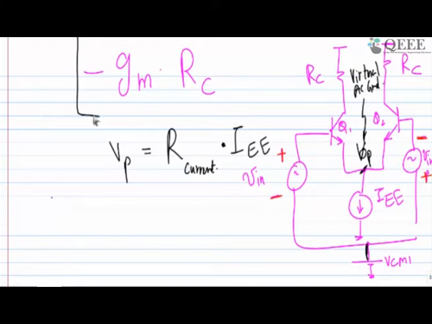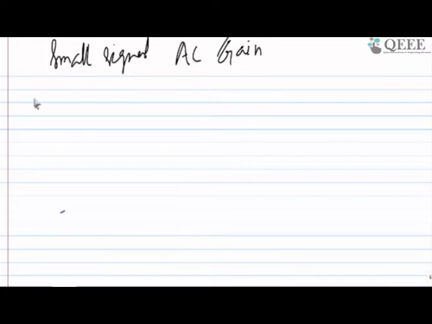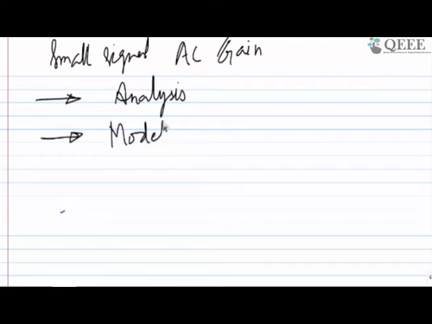And we found out the small signal AC gain from the analysis. First of all, we have not used the AC model, but we are going to use the model today onwards. Last time I was supposed to teach that, but I could not cover it. Anyway, I'll try to cover it in a better way today itself.